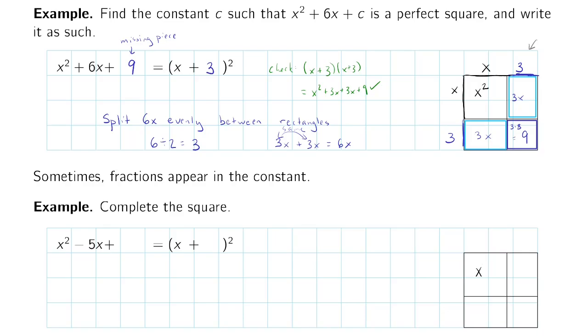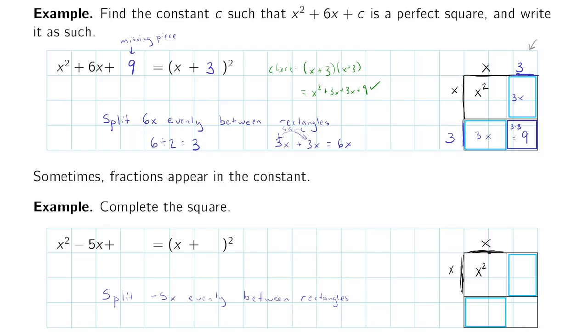So I'll have an x squared in the larger square in the top left, which means that this side has length x, and this side also has length x. Next, I'm going to look at my two smaller rectangles here. They're x on one side, and I want to divide negative 5x evenly between them.